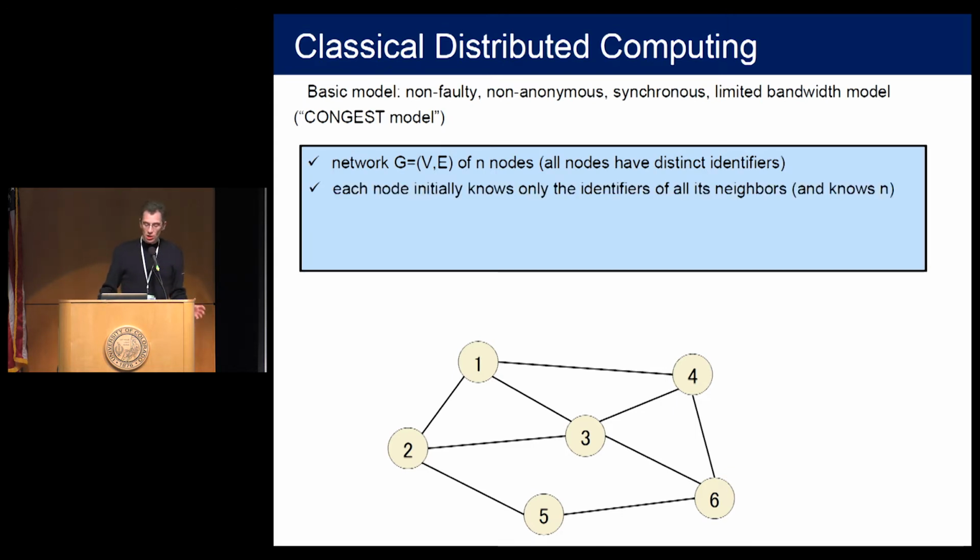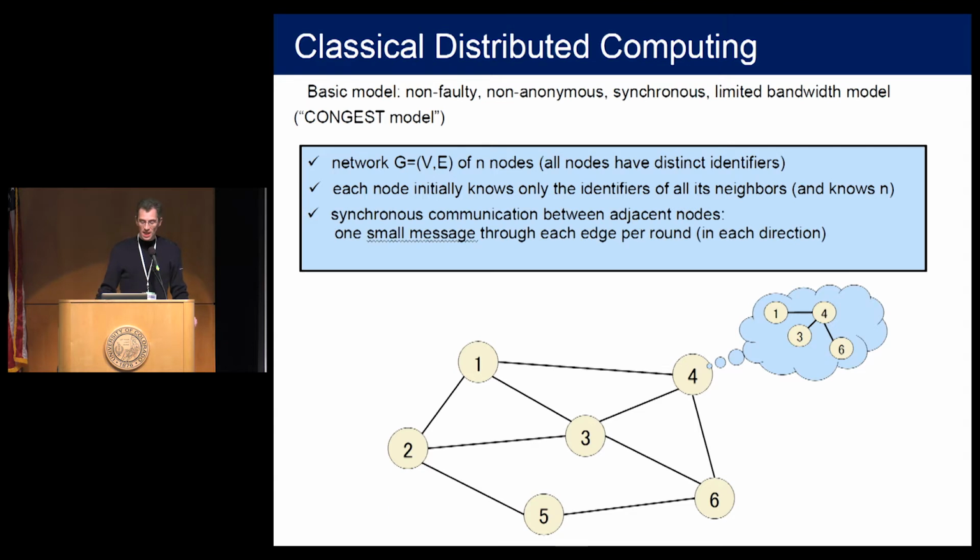And we now assume that each node initially knows only the IDs of its neighbors, and also the total number of nodes of the graph. So for example, node 4 only knows that it is connected to 1, 3, and 6. It does not know anything more about the global topology of the network except the total number of nodes.